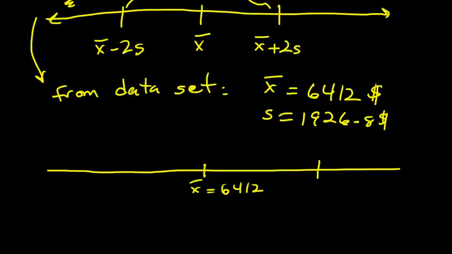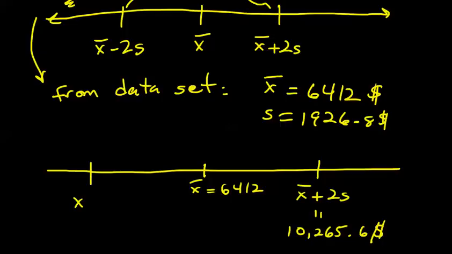My upper boundary for usualness would be X bar plus 2s. That's 6412 plus 2 times 1926.8, and I get an upper boundary of $10,265 and about 60 cents. All right? So I'll call that my upper bound for the condition of usualness.